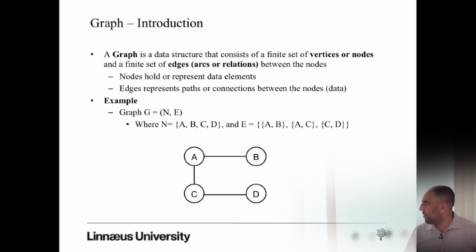For example, here we have a graph that consists of 4 nodes, A, B, C, D, and a couple of edges between those nodes. We can represent a graph either in a graphical format, or using set notation.